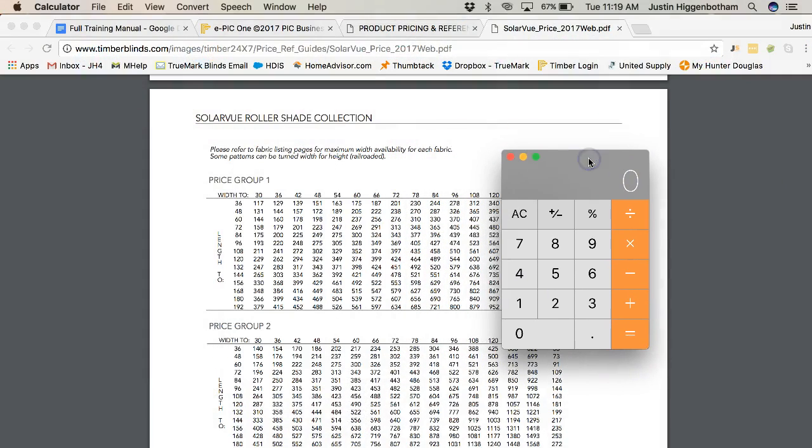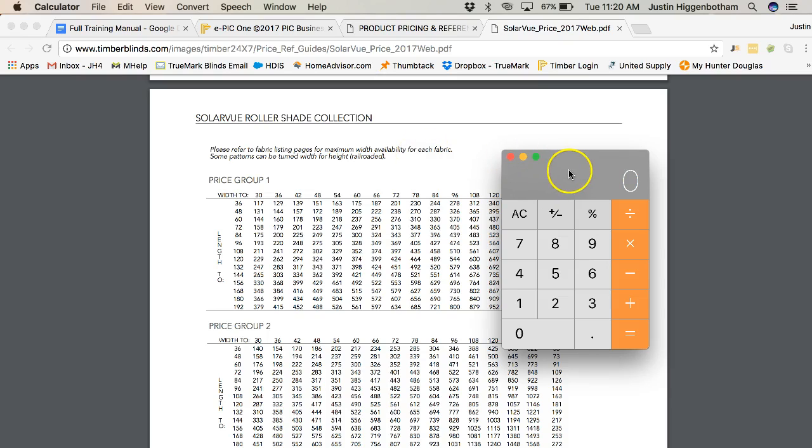On TrueMark's, they call it a multiplier. TrueMark's multiplier for timber is 35, or 0.35. Just remember, Elevation Blinds might be a little bit different. They've been in the business a little bit longer, so their multiplier might be a little bit lower.